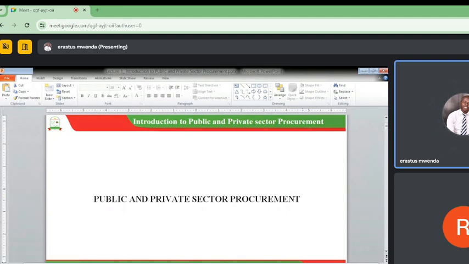So it puts in place what we need to do and what we need to follow in order to be able to ensure that the public procurement, the private procurement is well managed by a certain law.